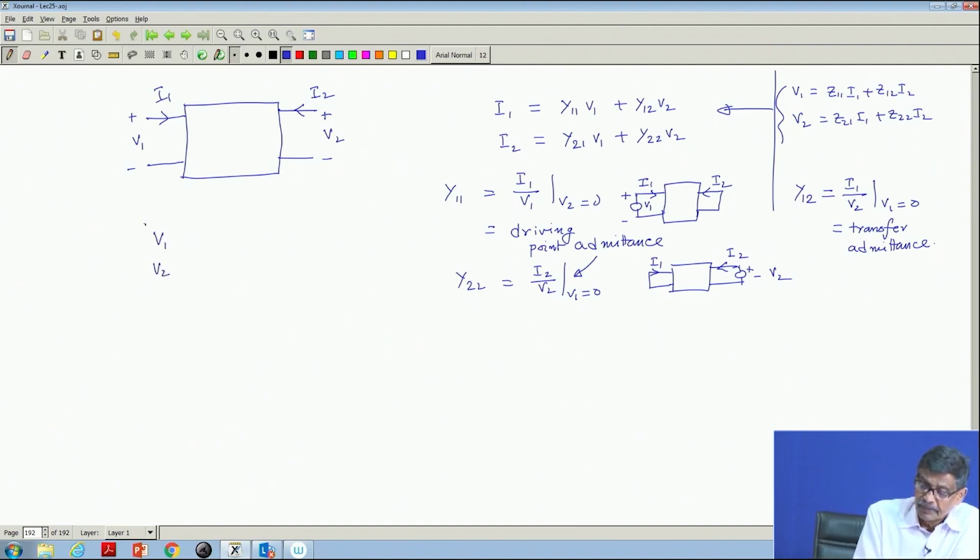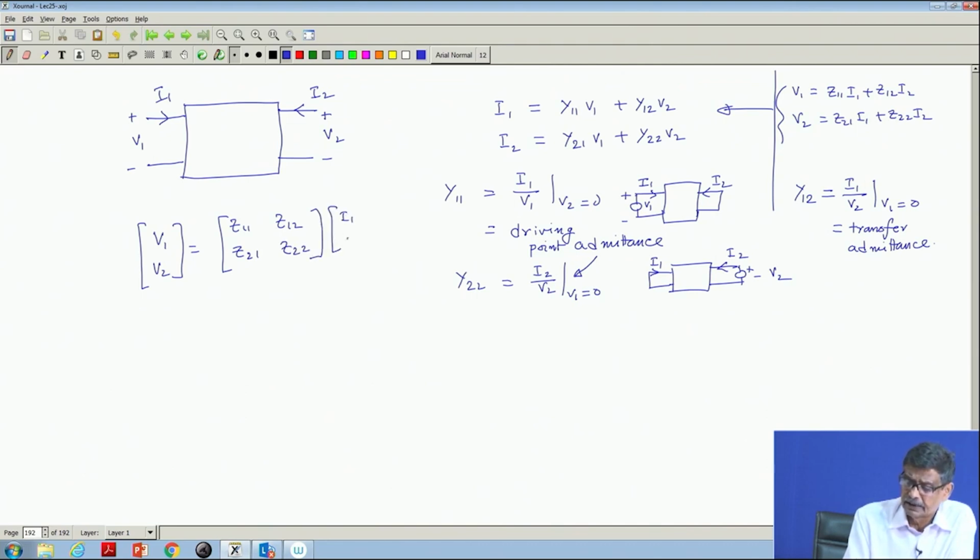V2 is equal to this, in a matrix form I can write this. The easiest way to do it is I1, I2.